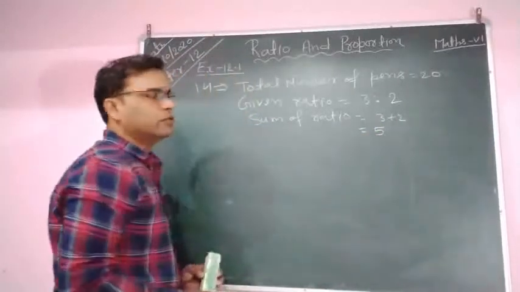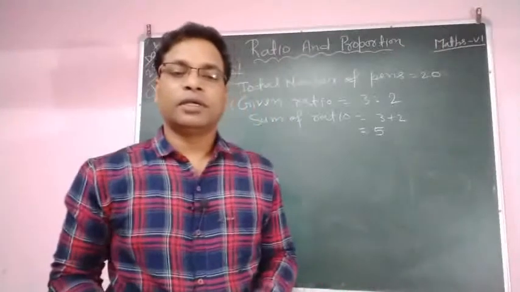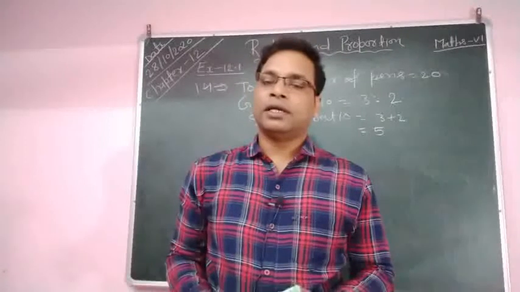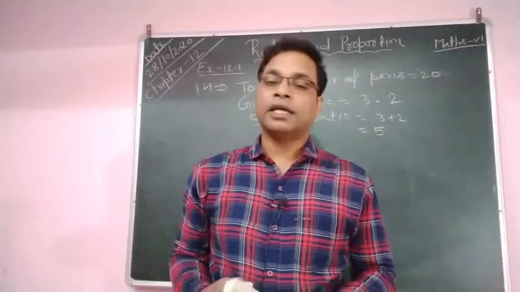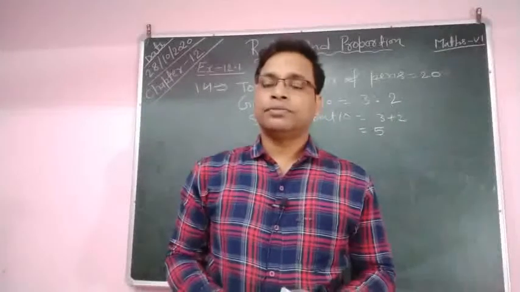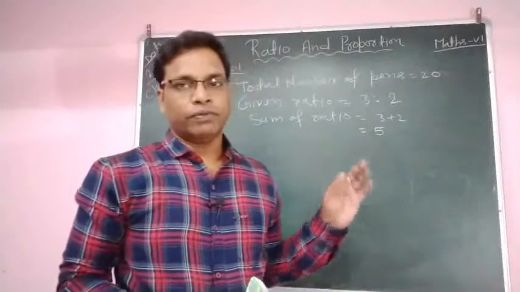The total number of pens is given. We need to divide it into the number of pens obtained by Sheila and the number of pens obtained by Sangeeta, and their ratio is also given as 3 ratio 2. So first we find the sum of the ratio: 3 plus 2 is equal to 5.